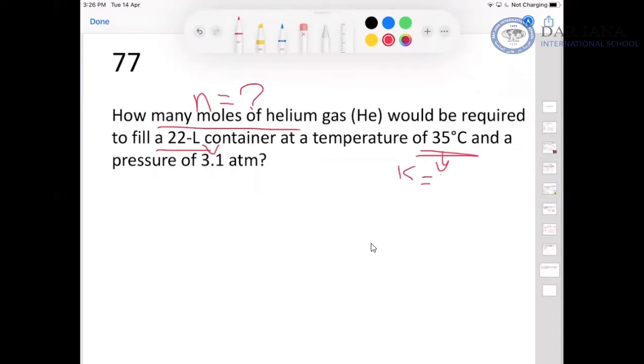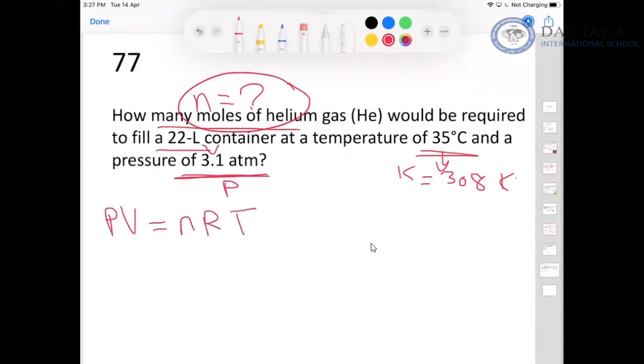So that would be 308. You add 273. And a pressure of 3.1 atmosphere. So you have a volume, pressure, temperature, and you want to find the moles. Which formula are you going to use? The ideal gas law. PV equals nRT.